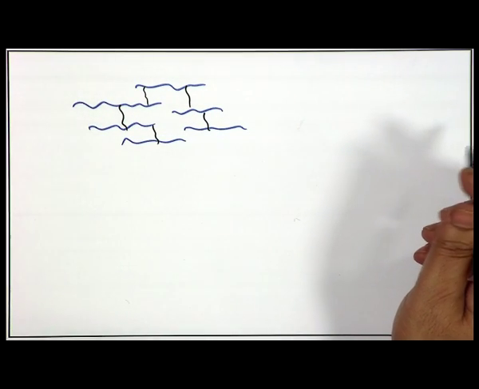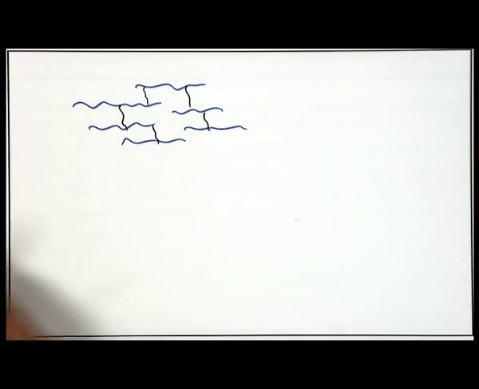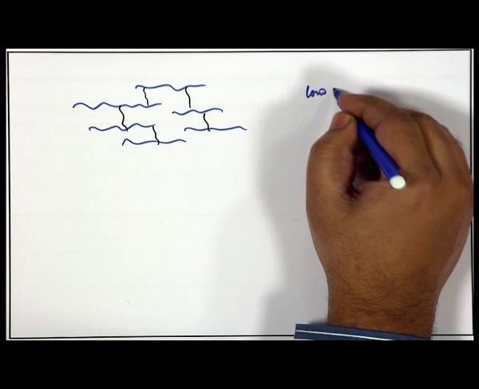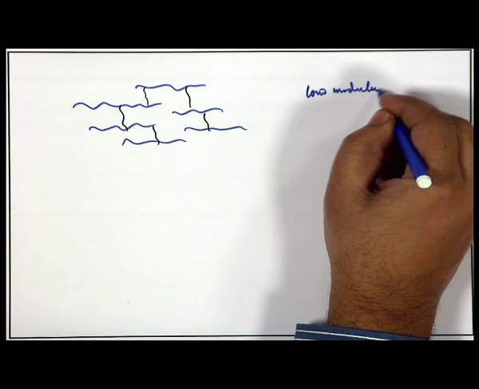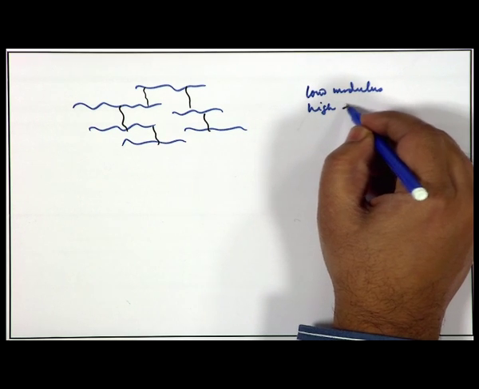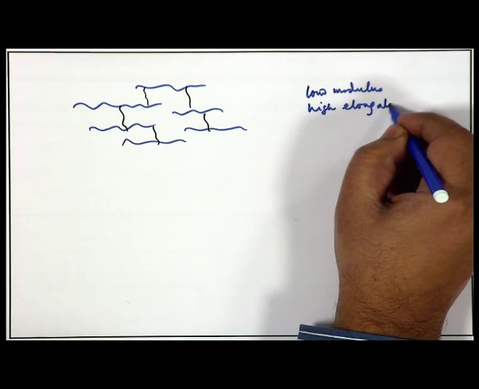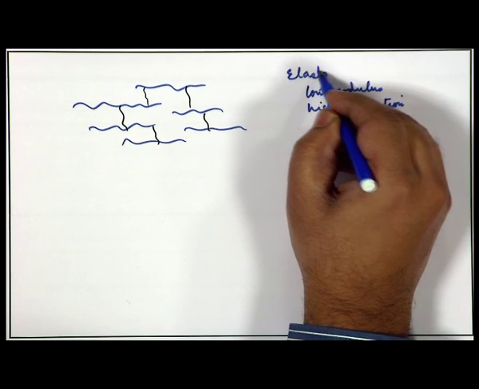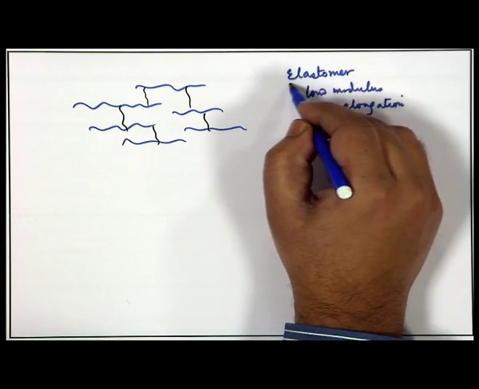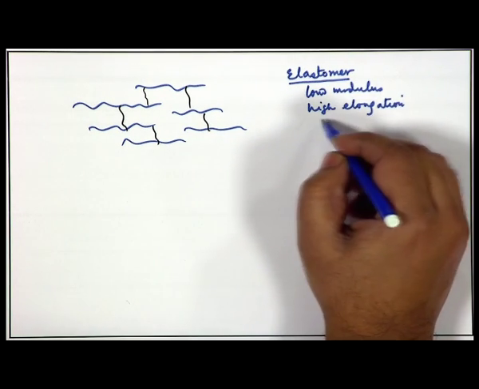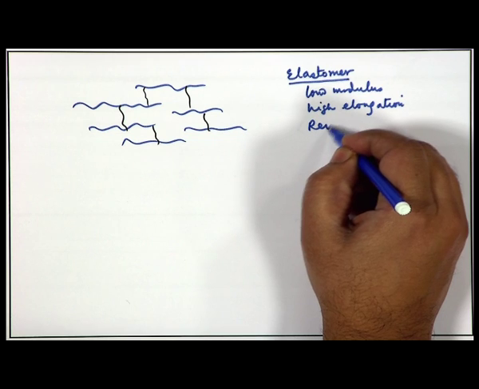And if I talk about some of the properties of elastomer, once again it is basically low modulus, very high elongation, and this elongation we talked about is reversible.